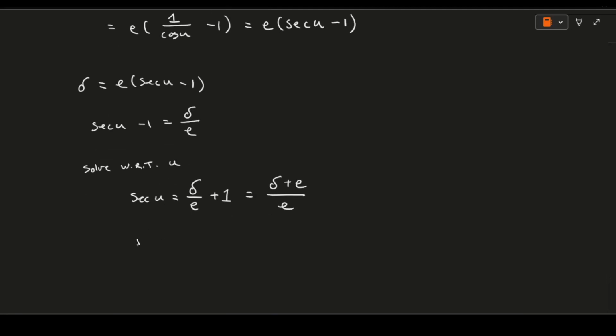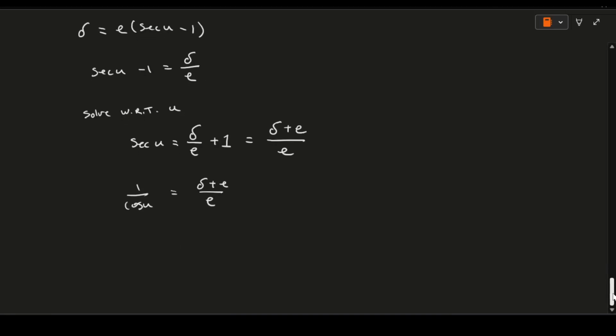Again, this is 1 over cosine u is equal to deflection plus e over e. We can flip it around, so we get cosine u is equal to e over delta plus e.